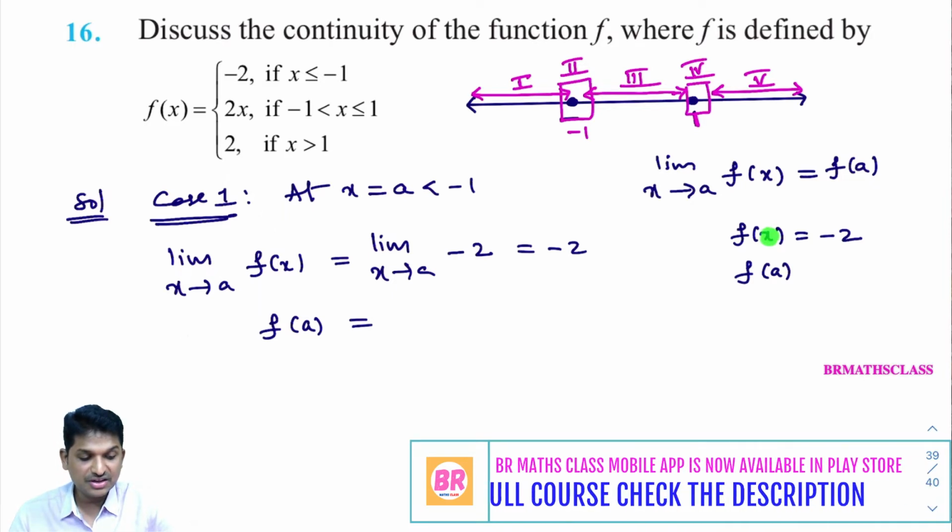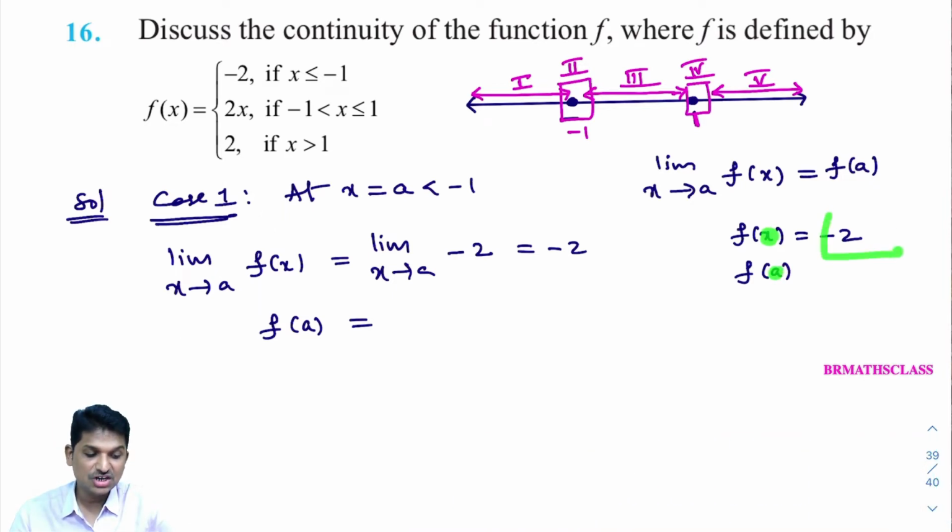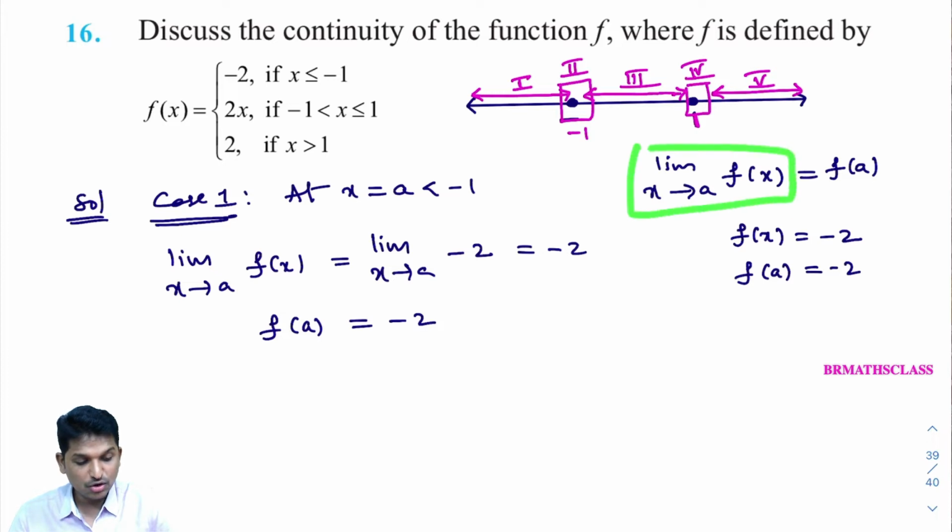Here in place of x, a is there. In the given function, wherever x is there, we write a, but in the given function x is not there. So f of a is minus 2. When I calculate this value, I got f of a also as minus 2.